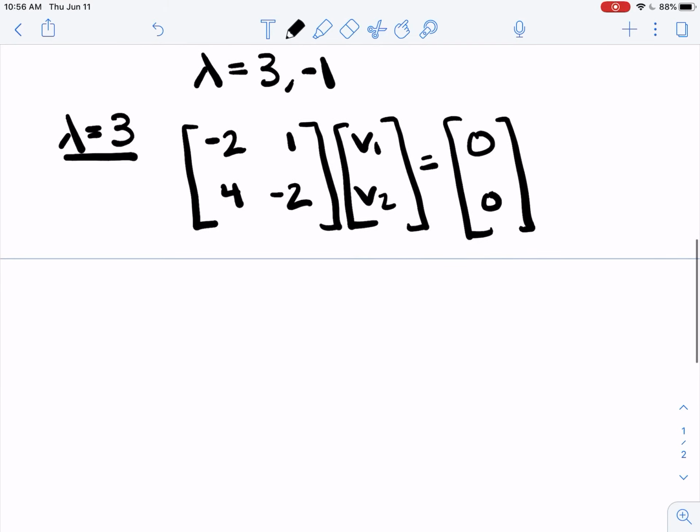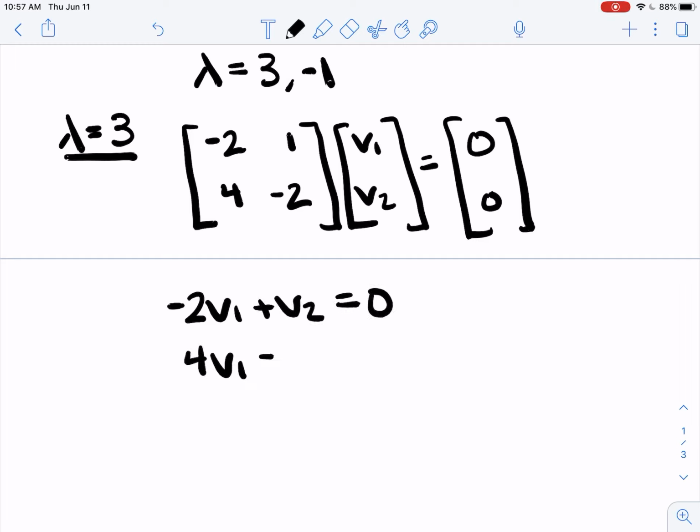This is a system of two equations, two unknowns, and it's a redundant system. We have minus 2 v1 plus v2 equals 0, and 4 v1 minus 2 v2 equals 0. These two equations are the same, so we only have to deal with one of them. So we have 2 times v1 equals v2 from this top equation.